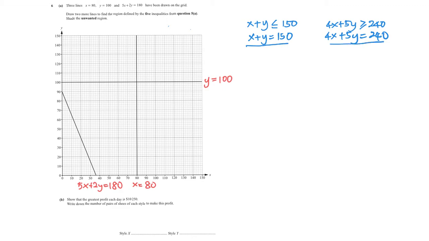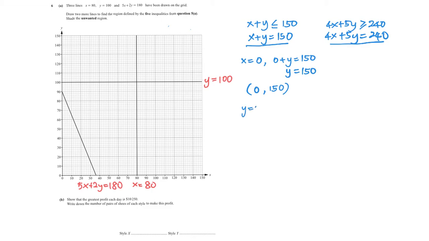How to plot a straight line? We have to have at least 2 points. The easiest is if we put x equals 0. What will be here? 0 plus y equal 150, so y will be 150. This is one coordinate: 0, 150. Now one more coordinate.